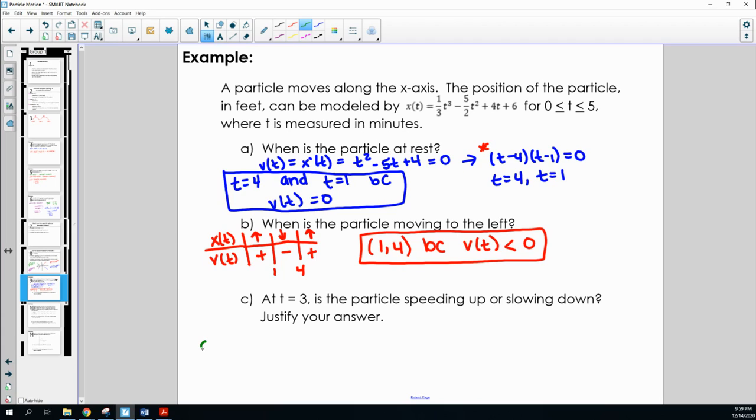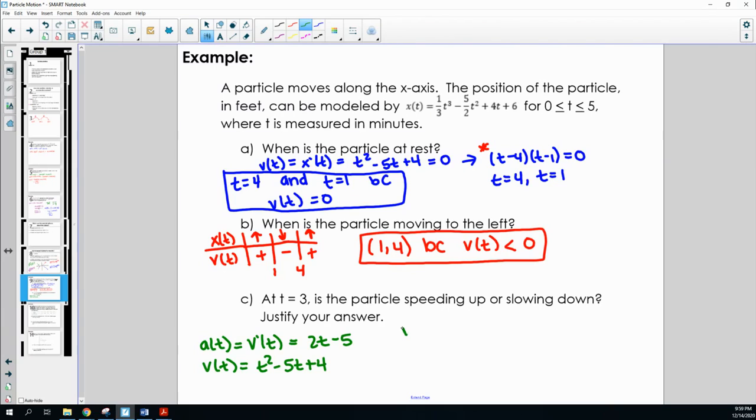I'm going to find my acceleration function by taking the derivative of the velocity. So this is going to give me 2t minus 5. So I know a of t is that. I know v of t, I'm just going to write this here: t squared minus 5t plus 4. Okay, so I want to find both of these evaluated at 3.